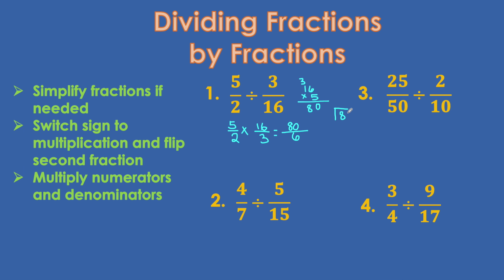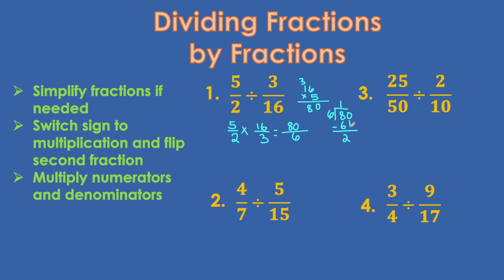80 goes on the inside. 6 goes on the outside. 6 goes into 8 one time. 1 times 6 is 6. Put a subtraction sign and subtract. 8 minus 6 is 2.